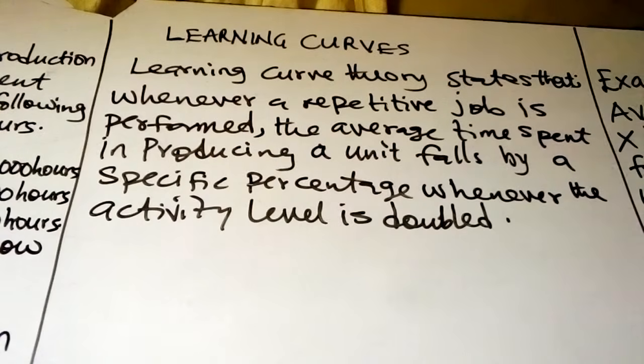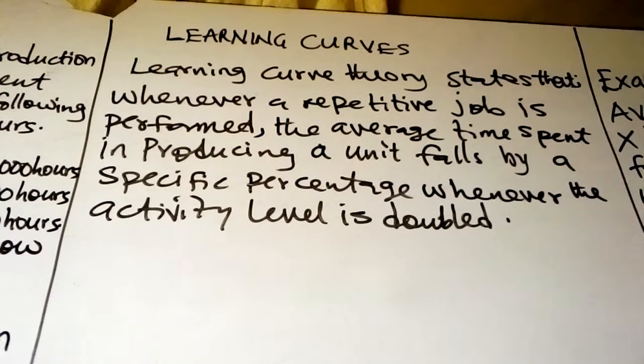I want you to know that this learning curve theory was developed in 1925 at the Wright-Patterson Air Force Base in Ohio, United States. I want you to take note of that. The theory states that when you keep on performing the same task, you acquire experience and you become familiar with the job.